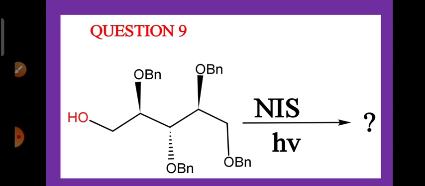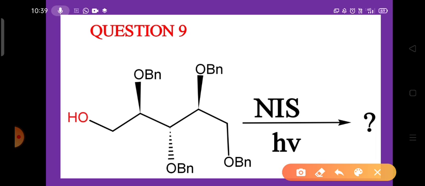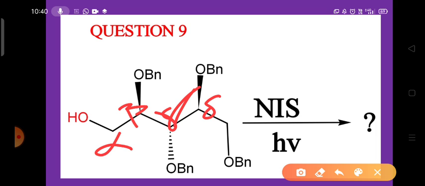Now we look at this question. First of all, we have to locate the positions: alpha position, beta position, this is the gamma position, and this is the delta position. Here a hydroxy group is given and NIS is given.